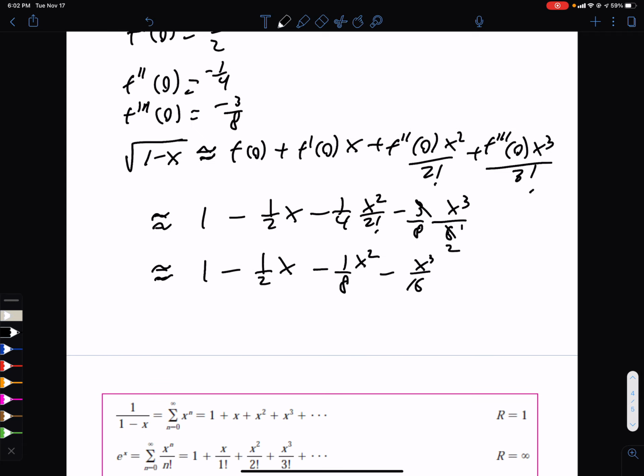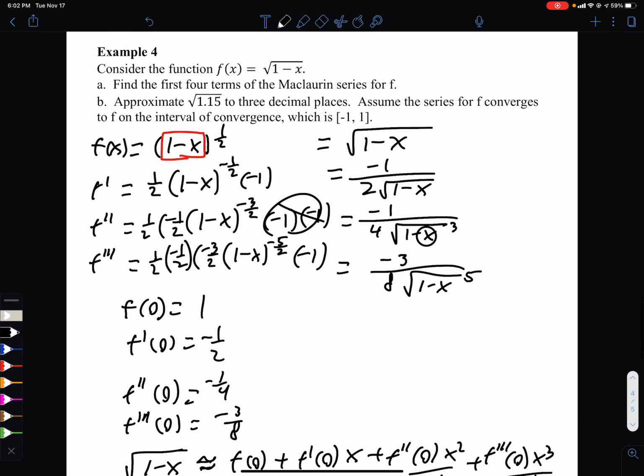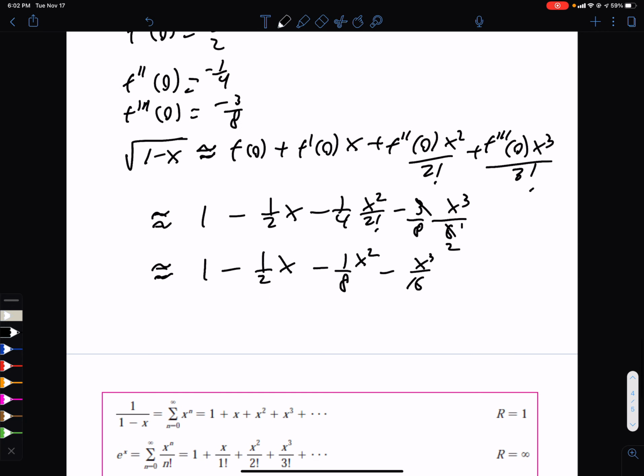And we're trying to approximate what? Square root of 1.15. So we're going to do minus negative 0.15 to get square root of 1 plus 0.15, or square root of 1.15.